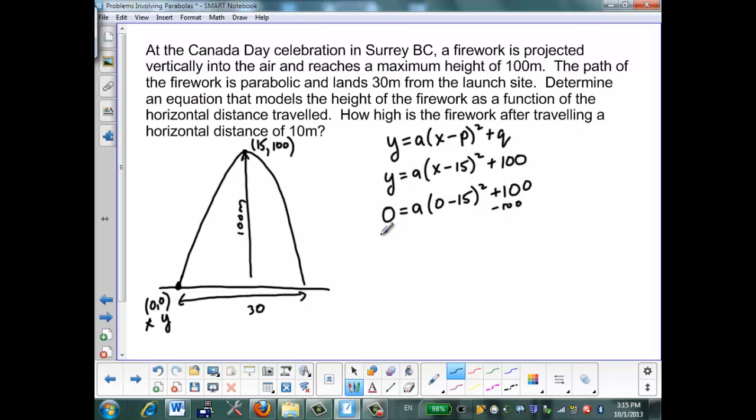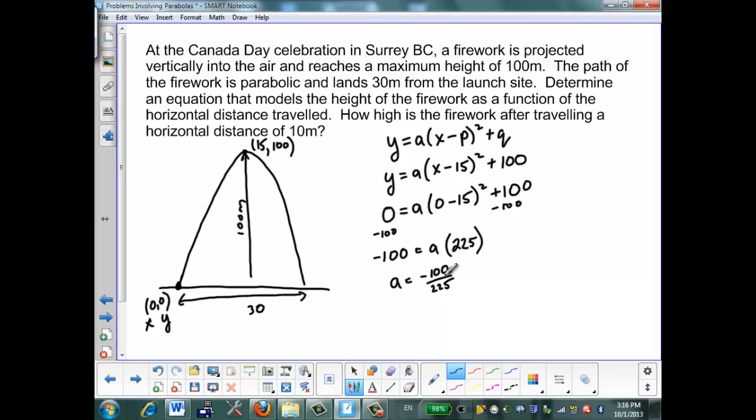So I can take 100 away from both sides, and I get negative 100 equals a times (0 minus 15) squared. Minus 15 squared is 225, which means a is going to be negative 100 over 225.